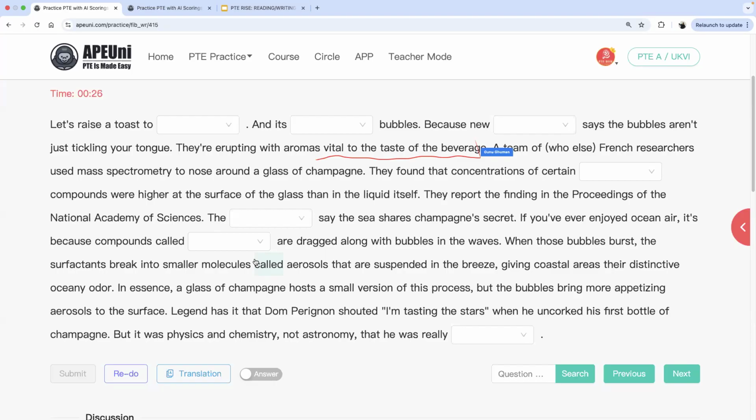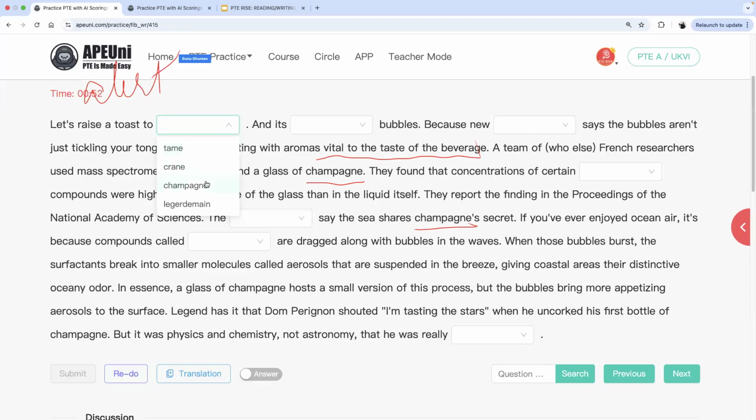They're talking about a fizzy drink. Now let's raise a toast to blank. Why do you raise a toast? To celebrate something? What is the answer? Champagne. Yeah, you see, sometimes the answer is in the paragraph. It's called being alert. If you are alert, you can find your answer very easily.